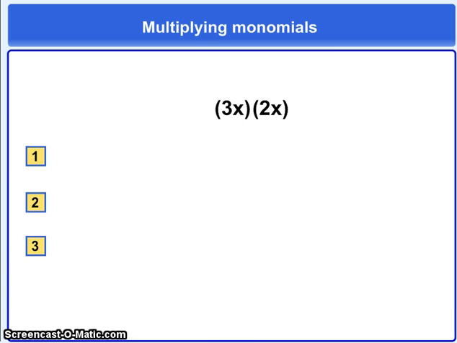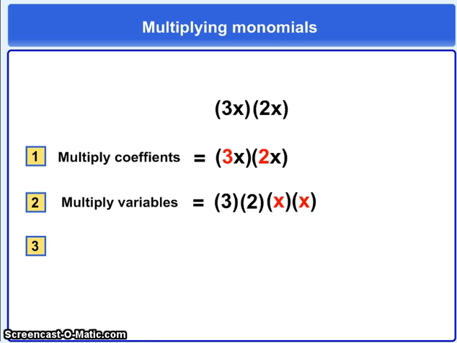Multiplying monomials. 3 basic steps to multiplying monomials. First step is you are going to multiply the coefficients. Coefficients being the large numbers in front of the variables. So in this case, we're going to take our 3 and our 2, multiply those together. Second step, we're going to multiply the variables.